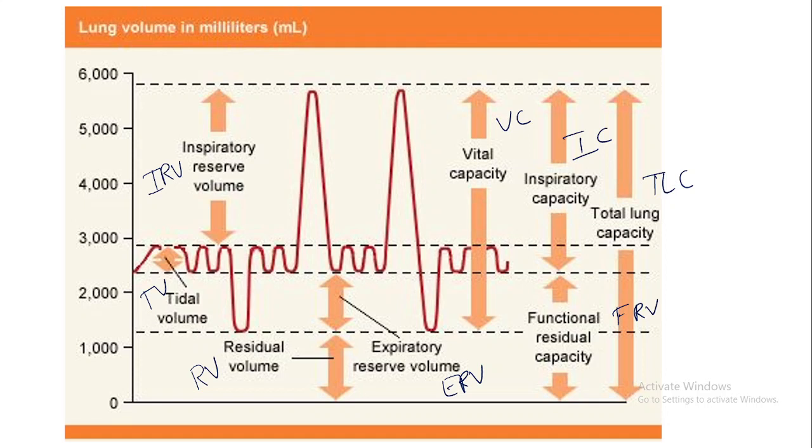Starting from lung volume 0, 1000, 2000, 3000, 4000, 5000, or 1 liter, 2 liters, 3 liters, whatever. Now we can see there's a wave kind of thing here. There is this tidal volume which follows a narrow range.